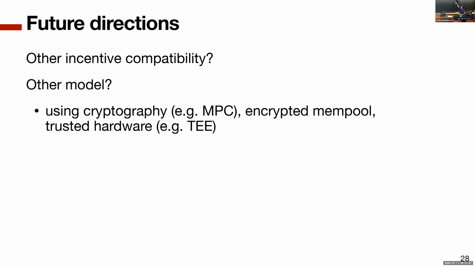So far, all these impossibilities are in the plain model, in the sense that each user submits a bid in the clear, and the miner can unilaterally decide which transactions go into the block. So maybe if we hide the bids, if we encrypt the mempool, it can also help us bypass the impossibility.